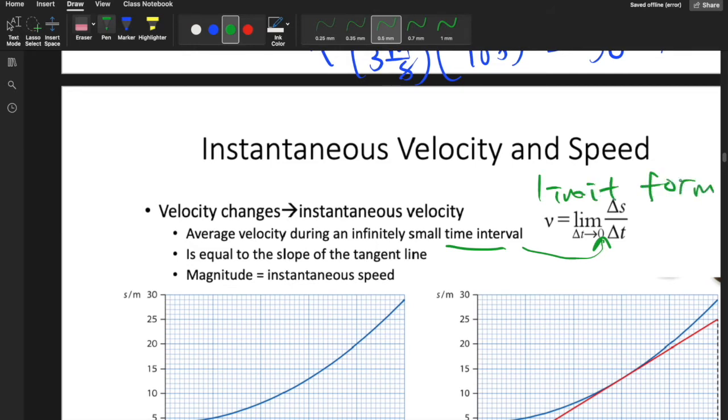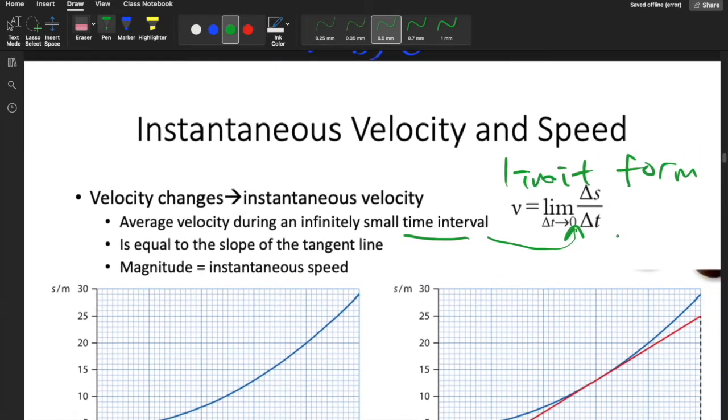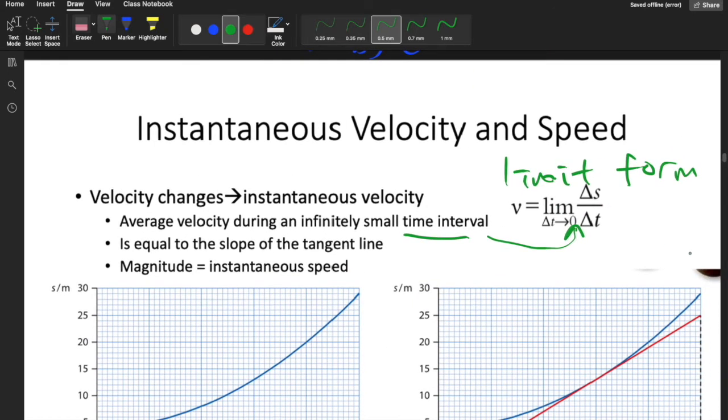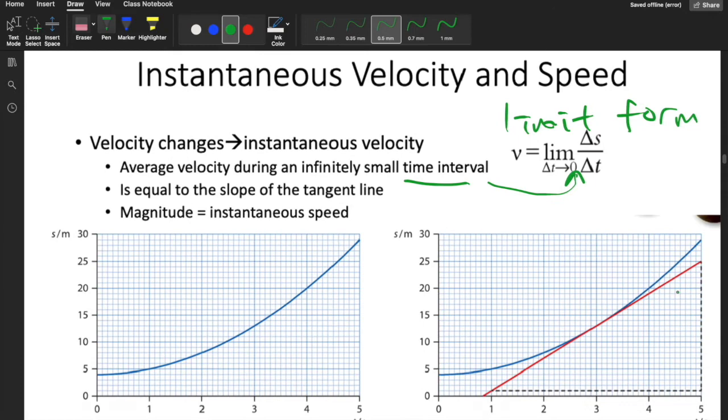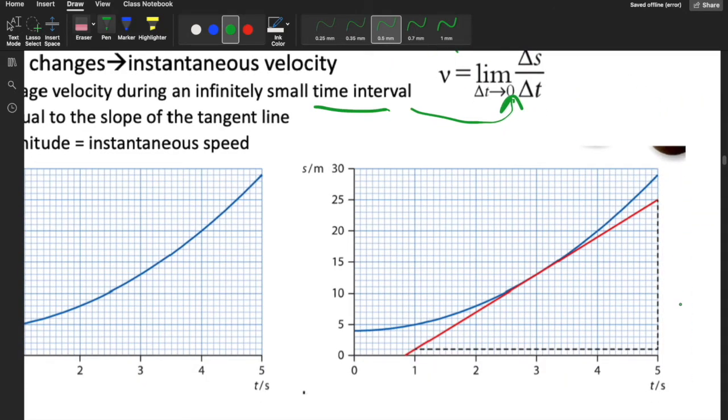Some of you might not have learned calculus yet, so basically it means this, right? Here is the displacement and here is the time, and the gradient here will represent velocity.